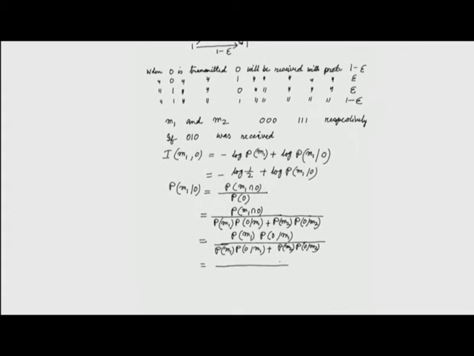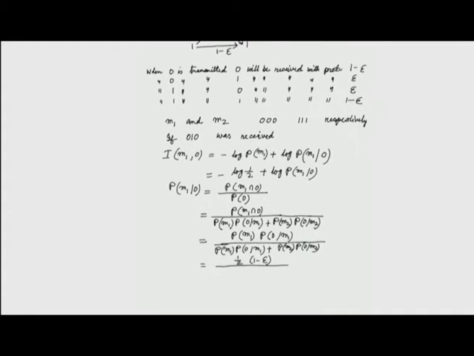Now, the numerator, if you consider, it will be probability of M1 into probability of 0 given M1. Probability of M1 is half and probability of 0 given M1 will be 1 minus epsilon.